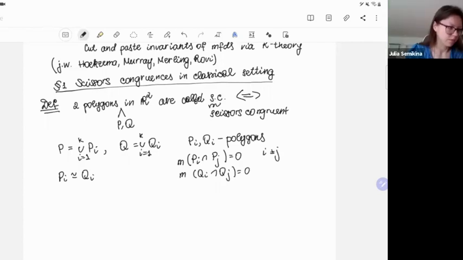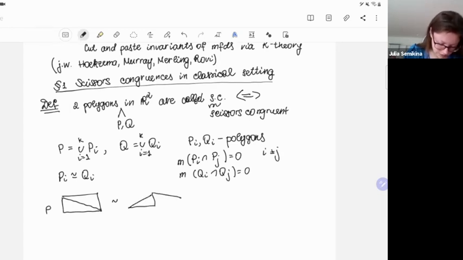So for example, let's start with a rectangle. So we can cut it like this, and this is our P. Then we rearrange these pieces, and we get a triangle. This is Q, and these are Caesar congruent.